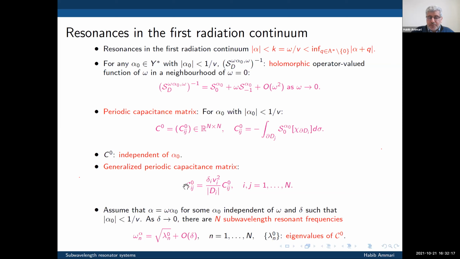Now, if you want to study what is going on in this first radiation continuum, near alpha equal to 0, you compute the eigenvalues of this, take the square root, and this is an approximation of the resonant frequencies near this first radiation continuum.